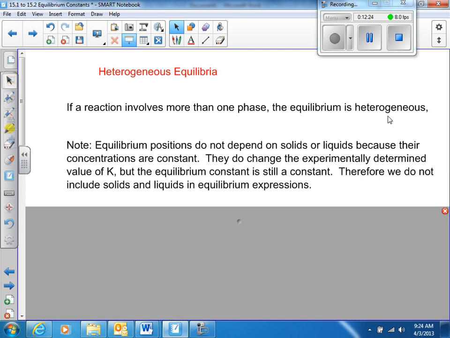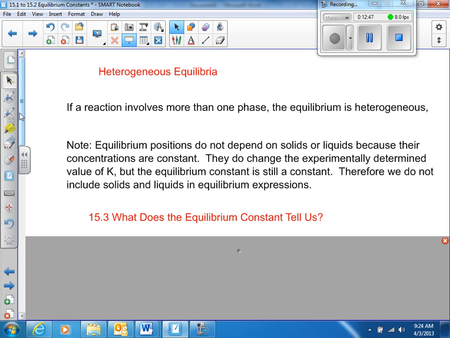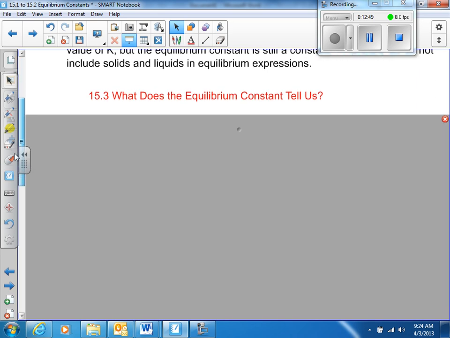When we have heterogeneous equilibria, we just ignore the liquids and the solids in the equilibrium expression because their concentrations are constant. So equilibrium is not dependent on a solid or a liquid concentration, and we don't include solids and liquids in the equilibrium expressions. It's just important when you're writing an expression, leave out the solids and liquids.